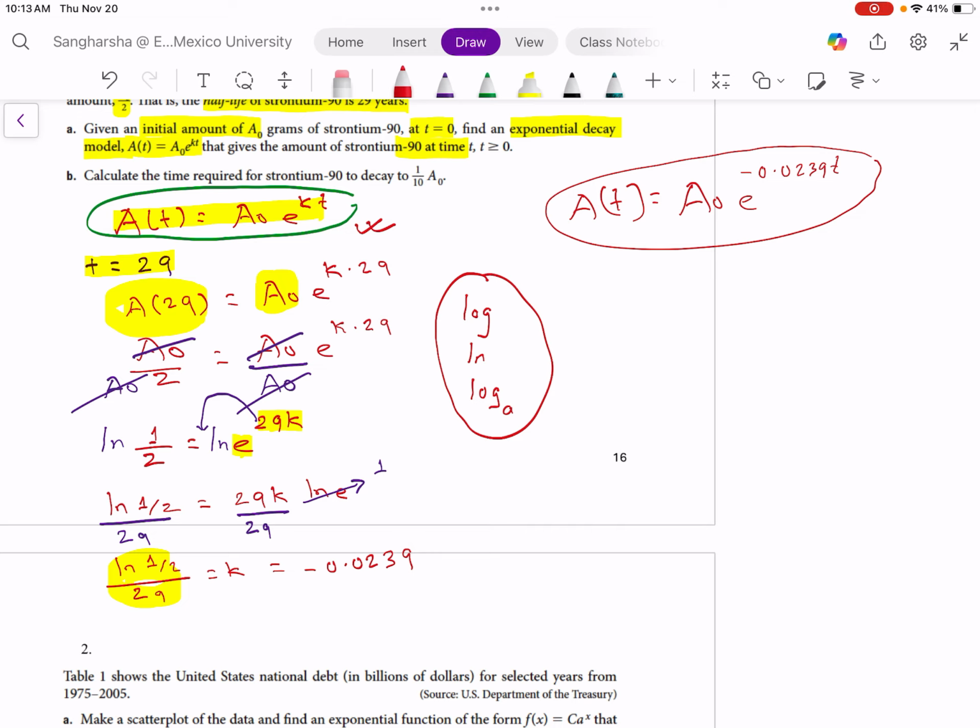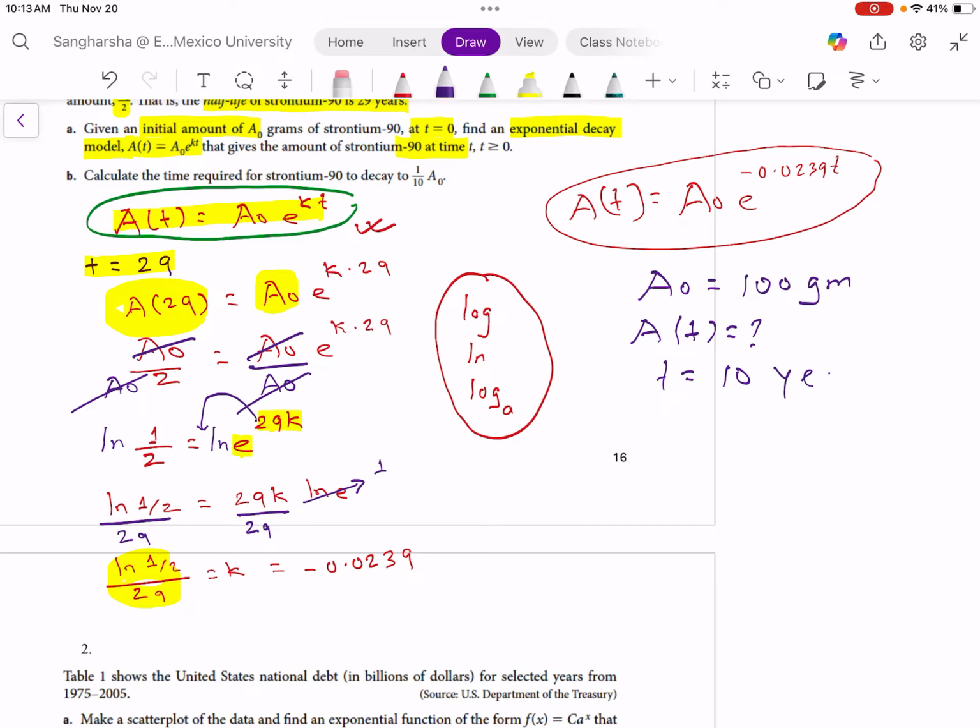Now, let's say, for example, our initial amount of strontium is, let's say, 100 gram. Now, can you find the amount of strontium after 10 years?